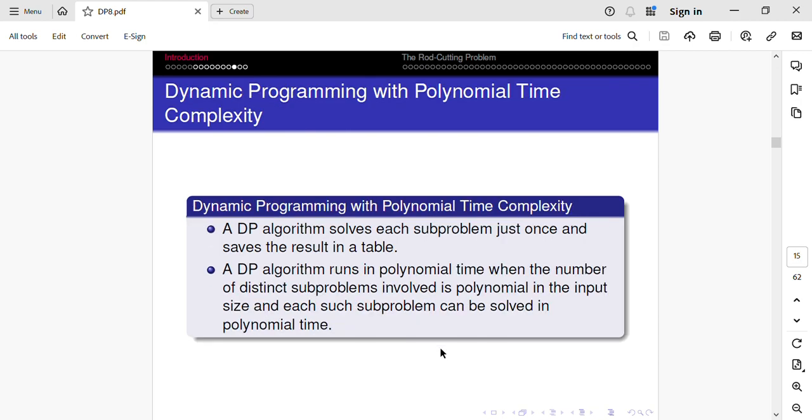Now, because it solves each subproblem just once and saves the result in a table, we can have a polynomial time solution. The requirement for a polynomial time solution is that the number of distinct subproblems involved is polynomial in the input size, and each such subproblem can be solved in polynomial time. Then the overall problem can be solved in polynomial time.